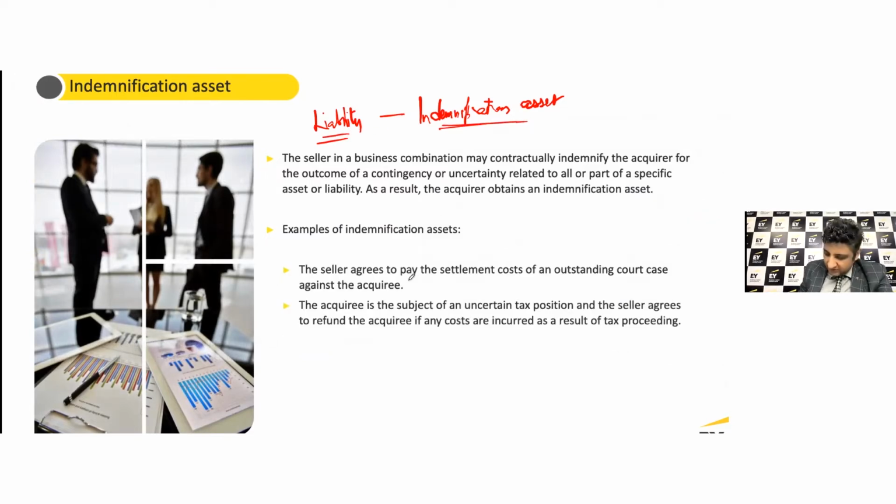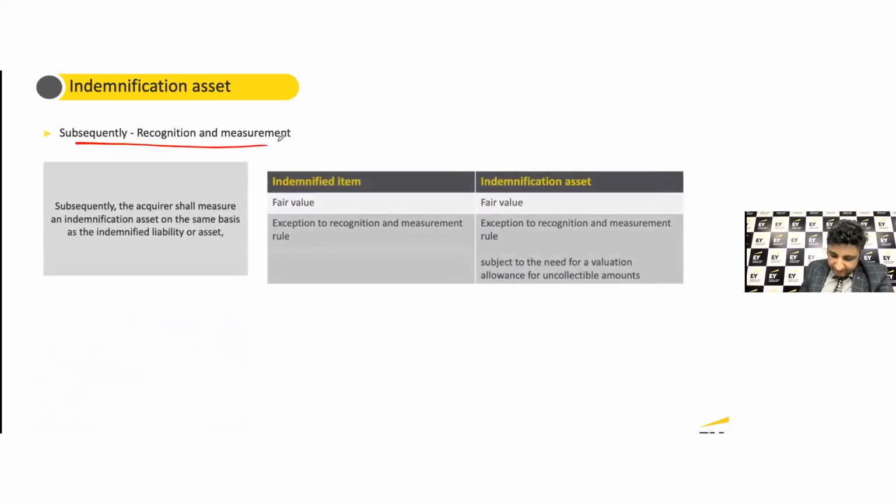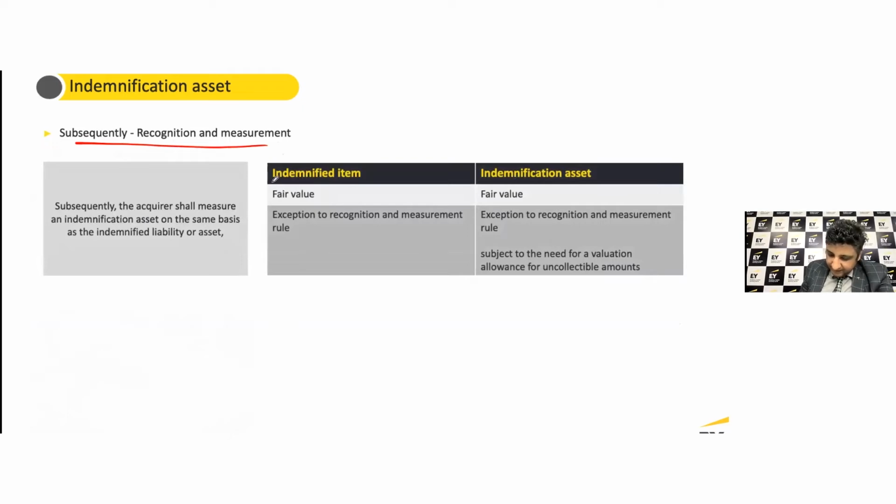So we talked about all those aspects of paying the settlement cost of an earlier case, or a likely position on the taxation, and there's a likelihood of recovery of that as well. The way we look at the subsequent recognition and measurement is straightforward. The way we accounted for the indemnified item at fair value, even the indemnification asset to the extent of its recovery would also be recognized at fair value.